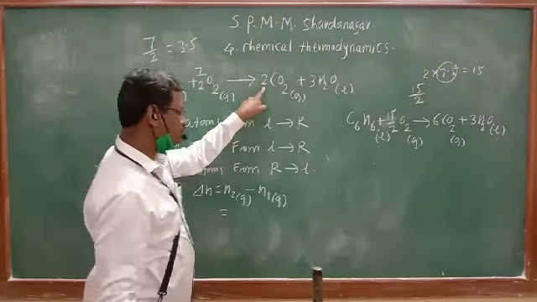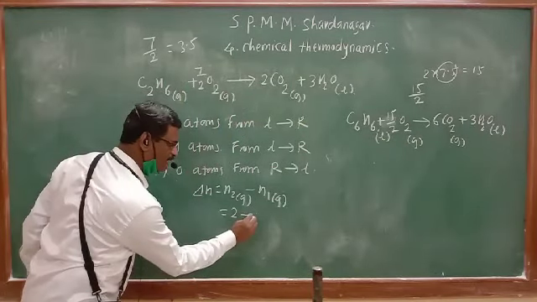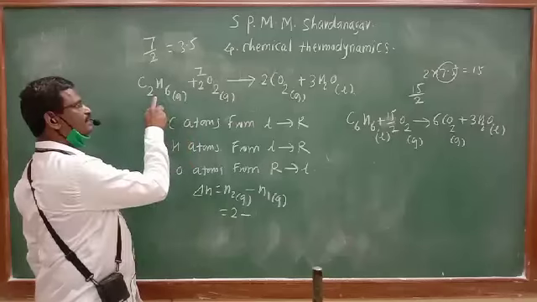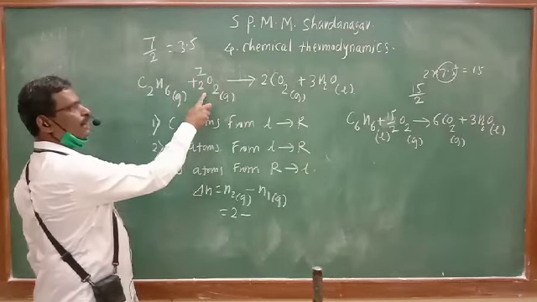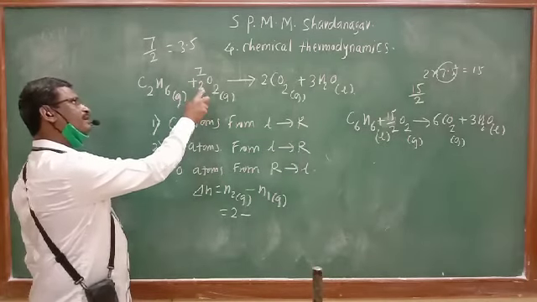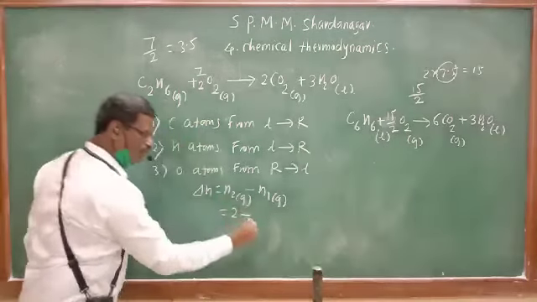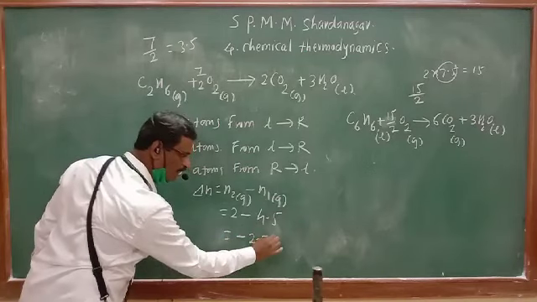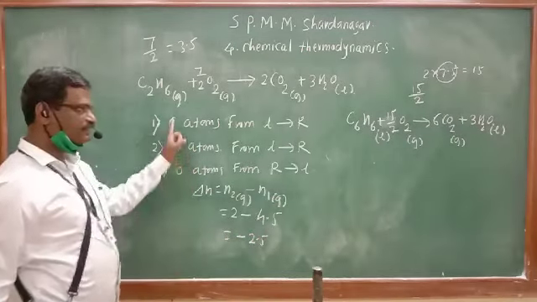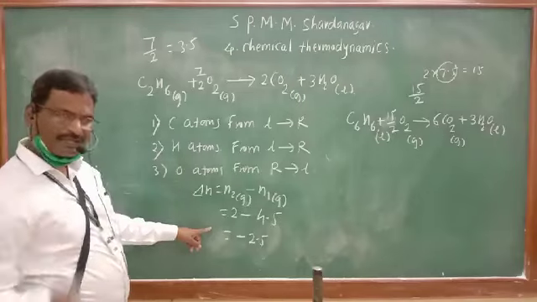Take only 2 moles of product in gaseous state minus. This is 1 mole gas and this is 3.5 mole gas. So 3.5 and 1, 4.5. Therefore the answer is minus 2.5. This is how delta N is calculated.